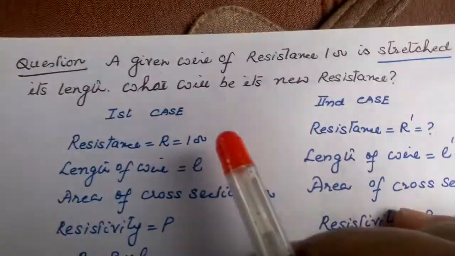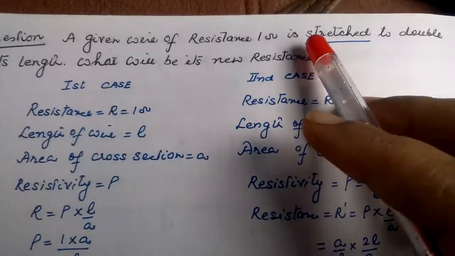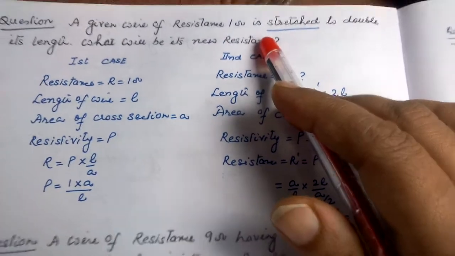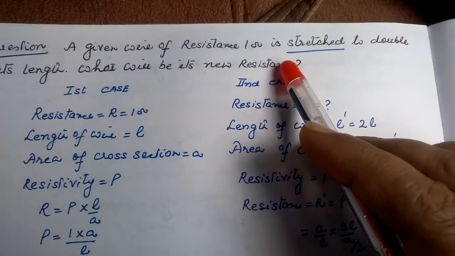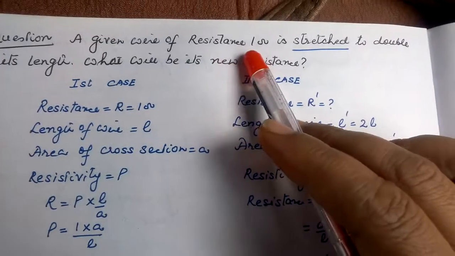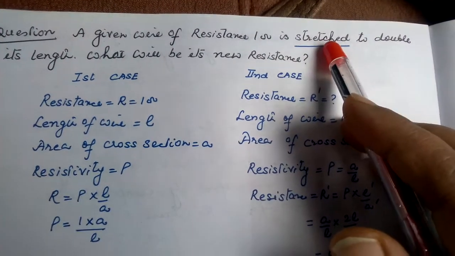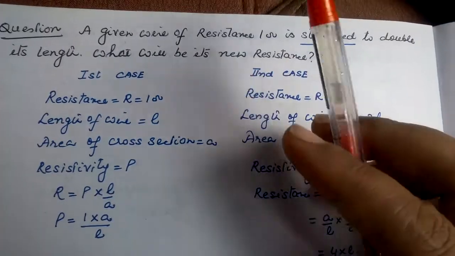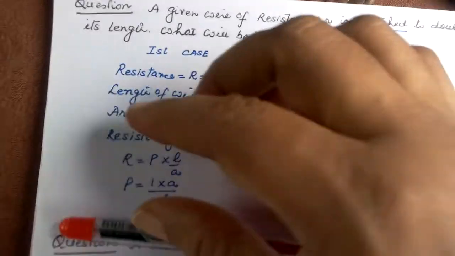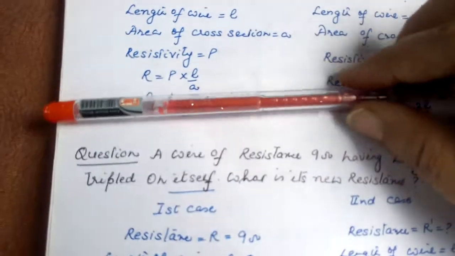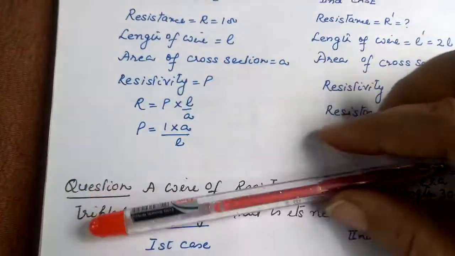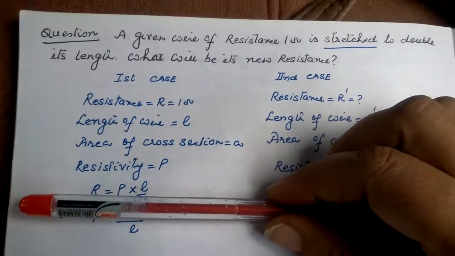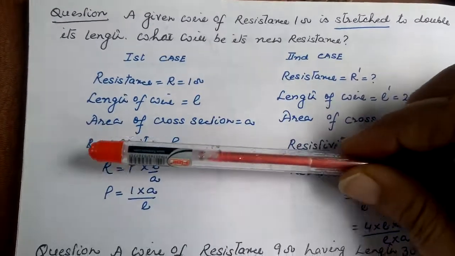Next type of question, very simple. A given wire of resistance 1 ohm is stretched to double its length, what will be its new resistance? This question is a little bit twisting, try to understand. We can increase the length by stretching it, or simply double it by connecting one more equal length to it.